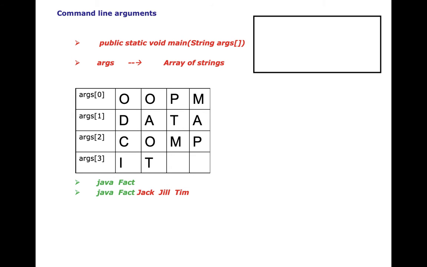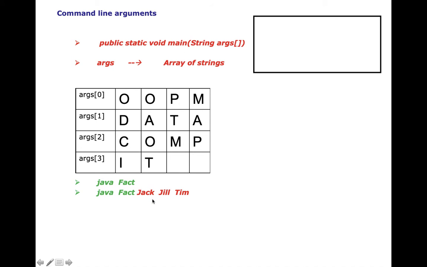Okay. Now, if you have forgotten this concept, listen to this carefully. If you pay a little attention, you will realize that Jack, Jill, Tim are basically three different strings, and each string over here is a command line argument. Now when you give this command on the command line, java will execute the program, and Jack, Jill, Tim will be passed as arguments to main.